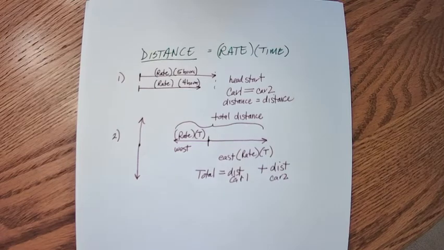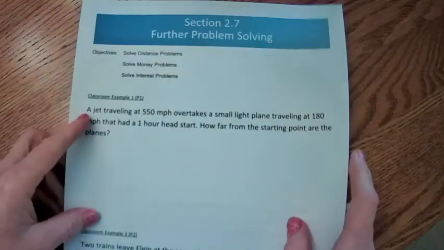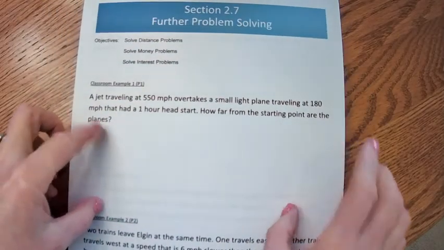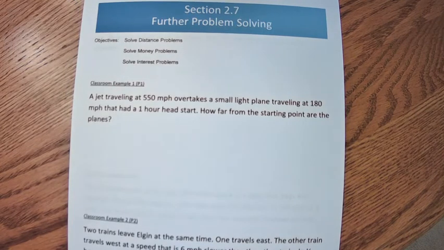All right, so let's go and practice our first one here. Here we have a jet traveling at 550 miles per hour. So jets travel very fast, 550 miles an hour.